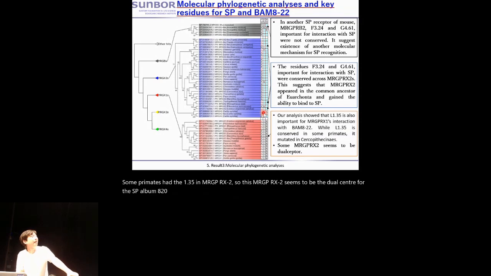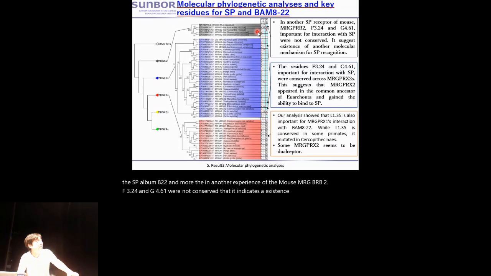And more, in another SP receptor of the mouse, MRGPRB2, F3.24 and G4.61 were not conserved. That indicates the existence of another molecular mechanism for SP recognition.